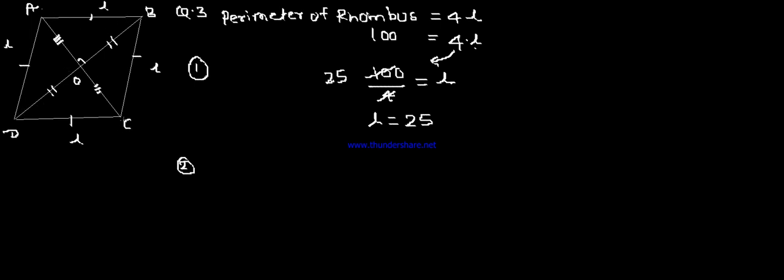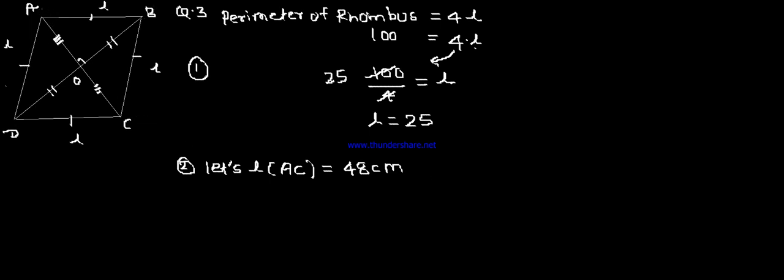One diagonal will definitely be bigger and one will be smaller. I don't know whether this 48 centimeter is the length of AC or BD, so currently I will assume that AC is 48 centimeter. As we know, as per the property, the diagonals are perpendicular bisectors of each other. So this BD will bisect the AC.